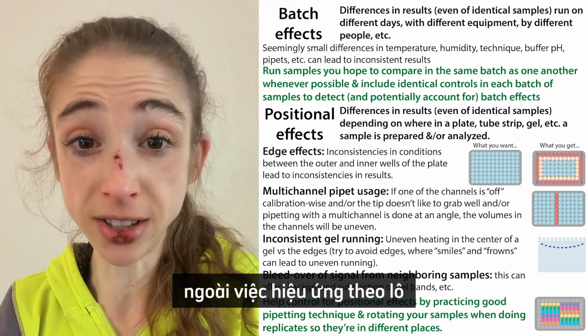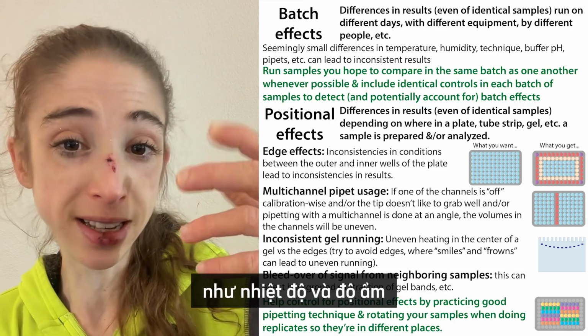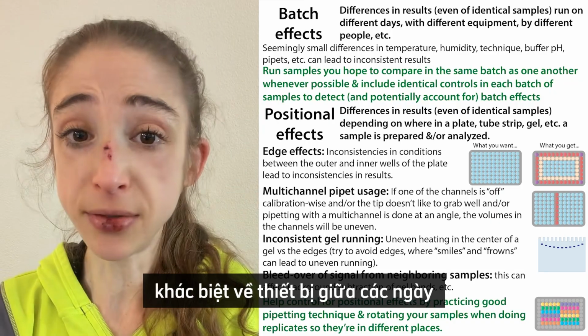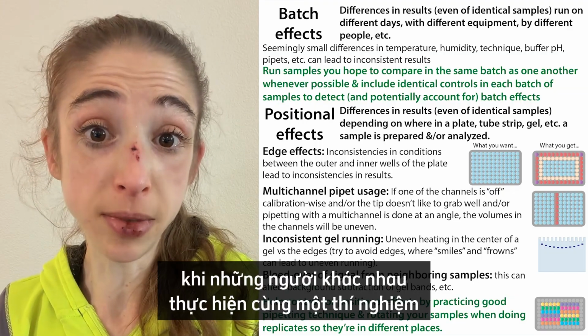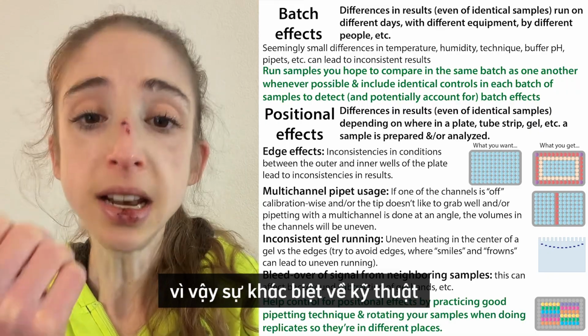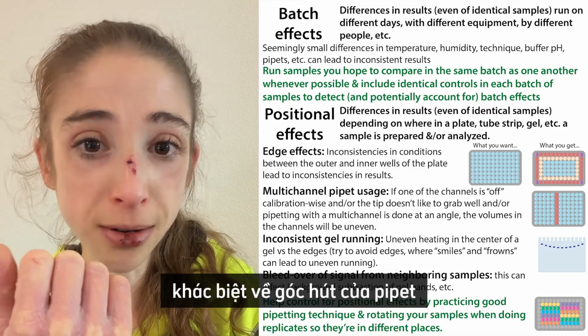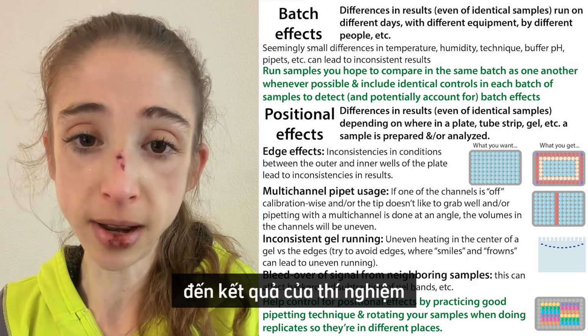In addition to batch effects being caused by differences in the environment, so things like temperature and humidity, and differences in the equipment from day to day, there are also differences when different people perform the same experiment. Differences in technique, differences in pipet angle, all of these things can influence the results of the experiment.